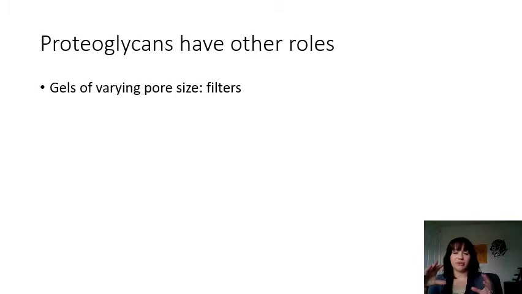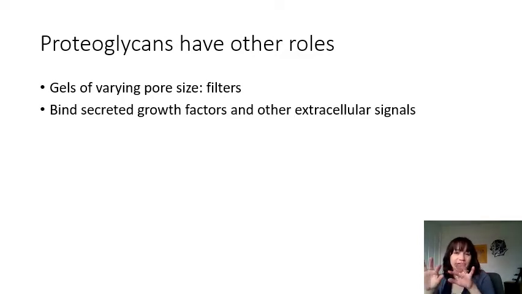In addition to allowing a gel-like or compressible structure that is able to be squished, they can act as a web or a net or a filter. Right? They've got all those little brush needles, extensions sticking out every which way. And so when molecules are flowing through the extracellular matrix, they can get caught onto those proteoglycans.